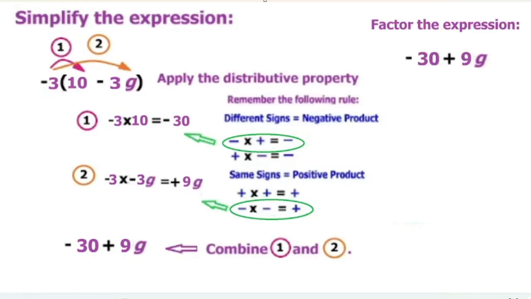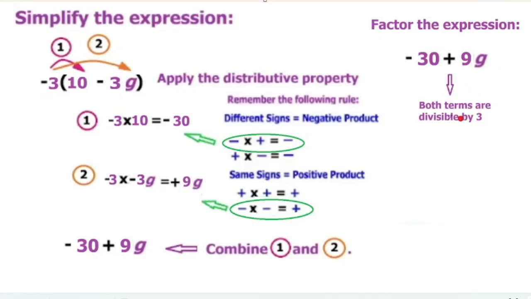But now if we have a problem that says factor the expression, how do we factor it? So we have this expression, minus 30 plus 9g. Now you just need to ask yourself, what number divides into both of these numbers?